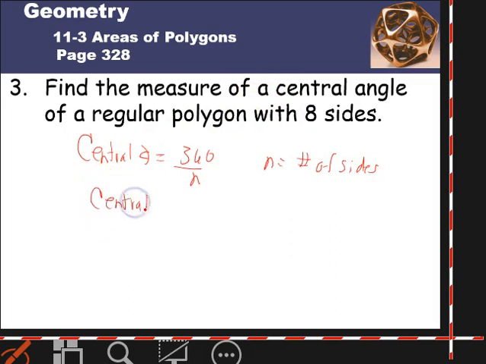So the central angle is equal to 360 divided by n, but n is 8. So when I do 360 divided by 8 on my calculator, I get 45. So I know my central angle is 45 degrees.